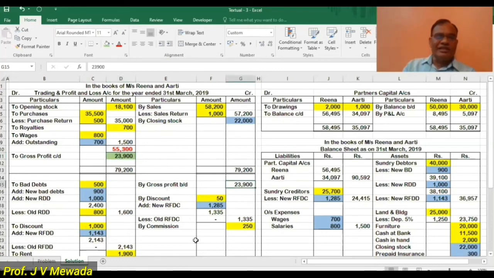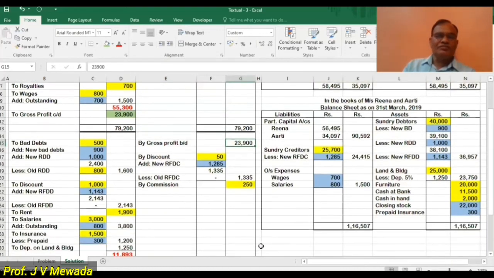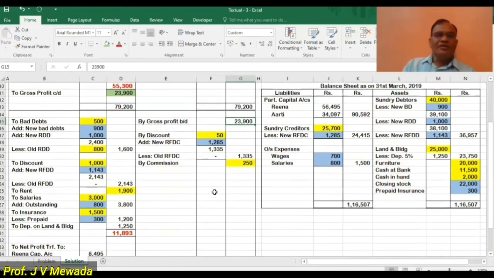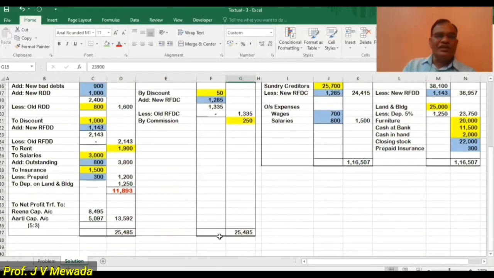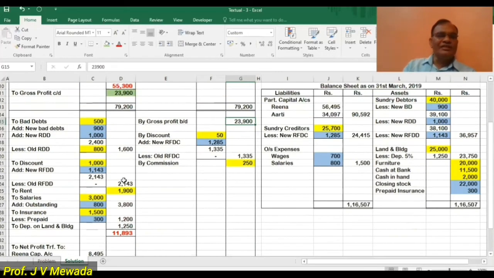That gross profit is brought down here on the credit side. And one more formula here, we are having discount, new RFDC. We don't have any old RFDC, so outer column it is 1335. Now the credit side total is 25,485. On debit side, the total of the formula is 1,600.